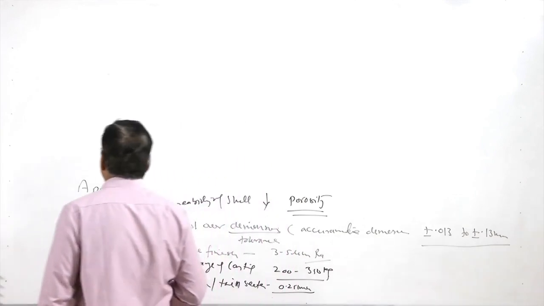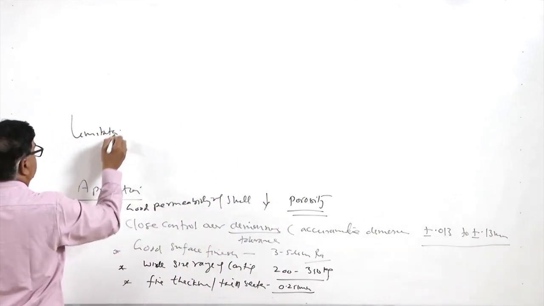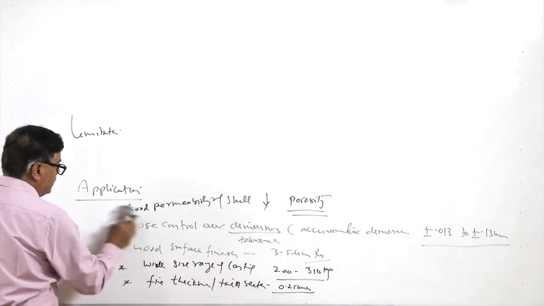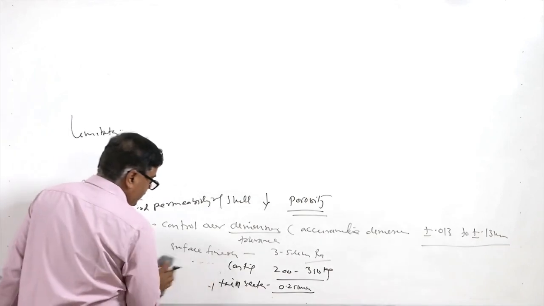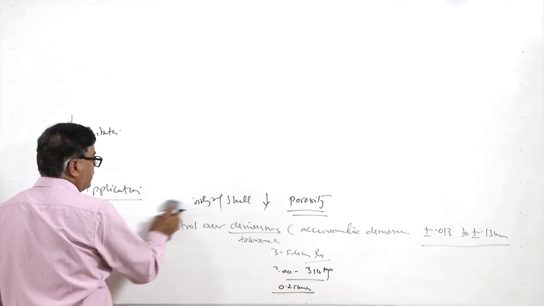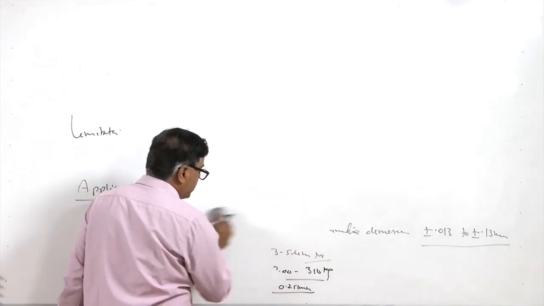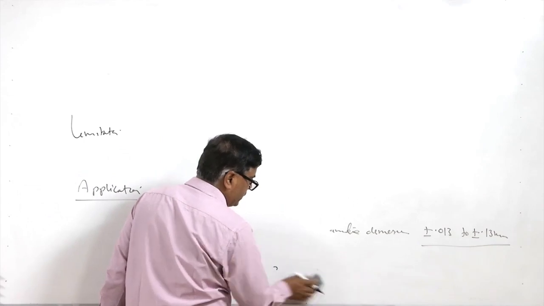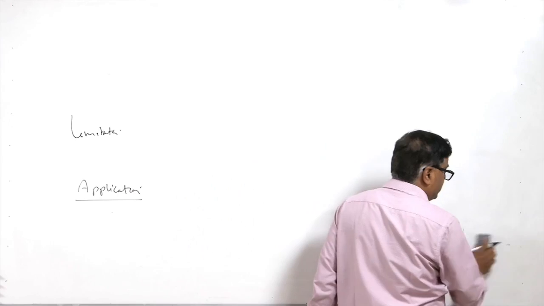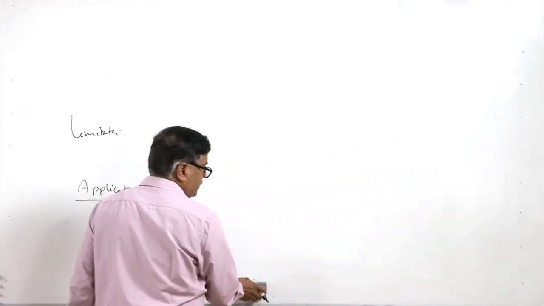Coming to the limitations, for preparing the shell we need to prepare the pattern, and preparation of the pattern will be justified only when large volumes of castings are to be made, because preparation of metallic patterns is an expensive affair.